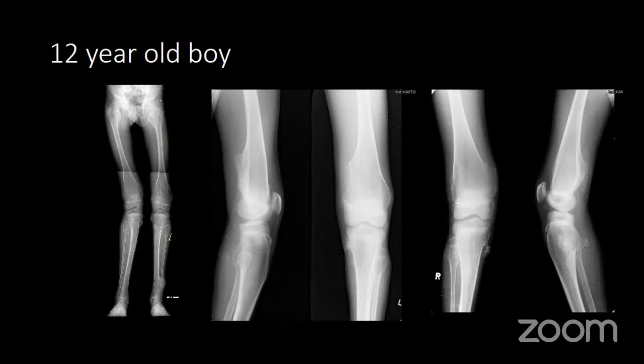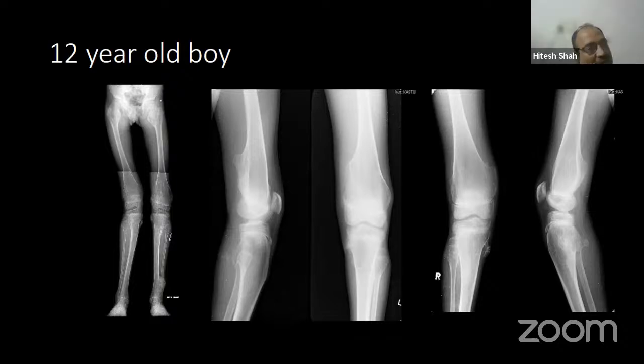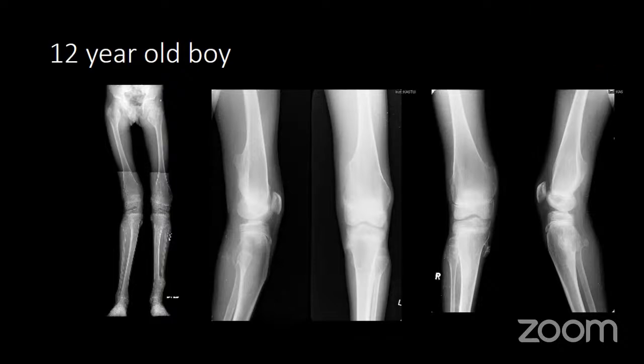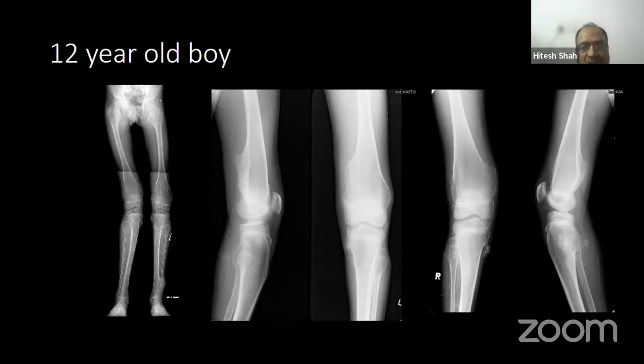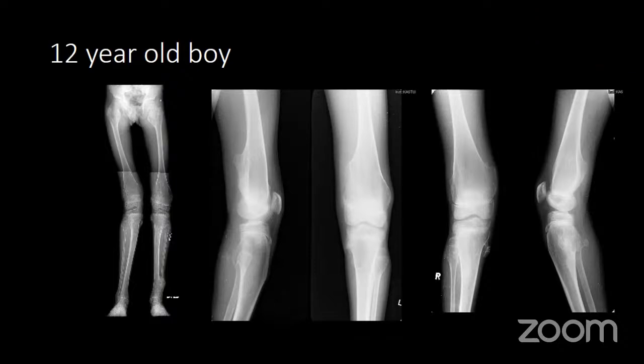No, sir, because it is a 12-year-old boy, the recurrence chance will be high, and the damage of the physis is already done. So the deformity will increase with the growth. So what will you do for the deformity? The growth modulation. Okay, very good.